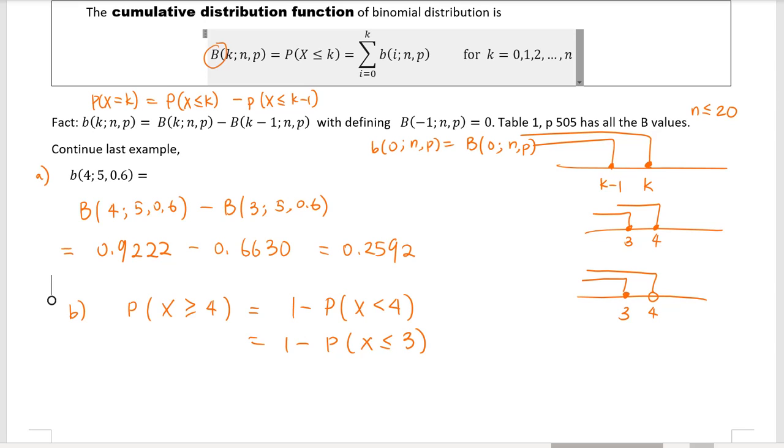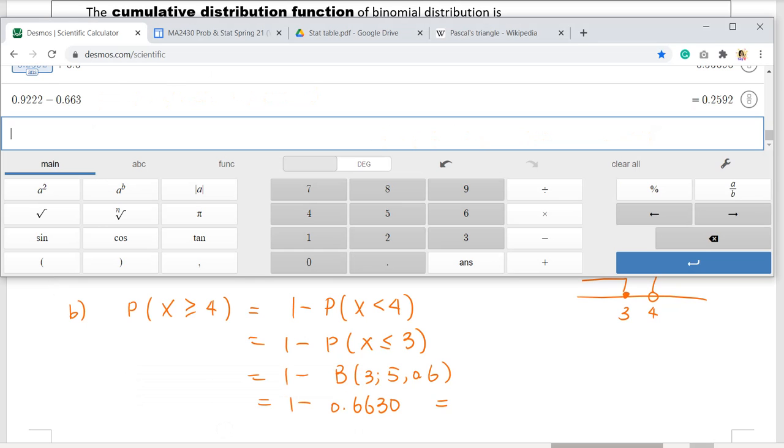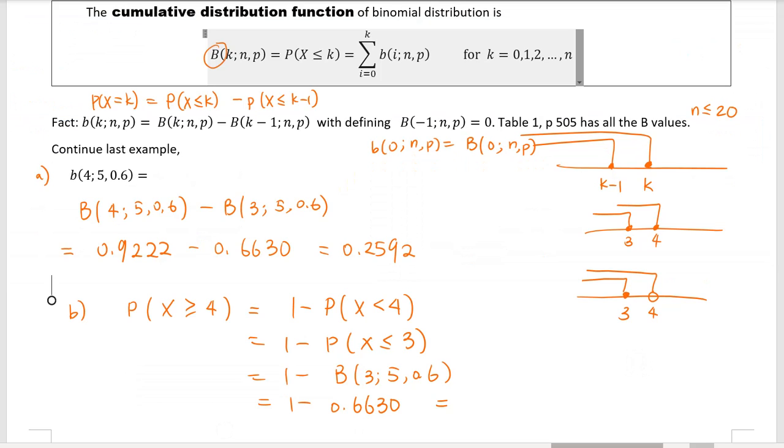See, less than 4 is the same as less than or equal to 3 because this is discrete. So now, less than or equal to 3 is the same as B(3; 5, 0.6), and we already figured out this is 0.6630. Okay, 1 minus that, we get 0.337.